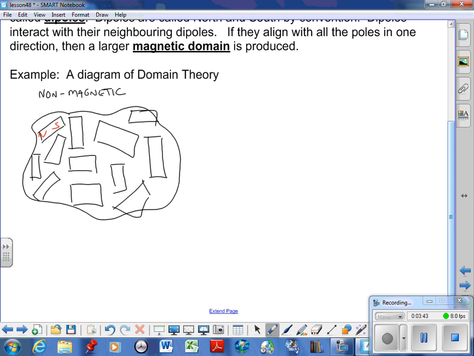You have north, south, north, south, all pointing in random directions. This is basically what it would look like, or the theory behind it. If it then becomes magnetic, all of those dipoles align.